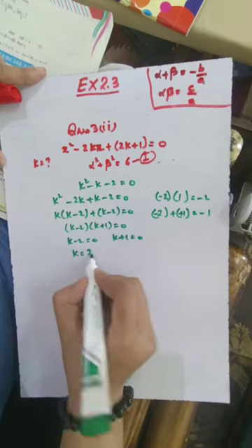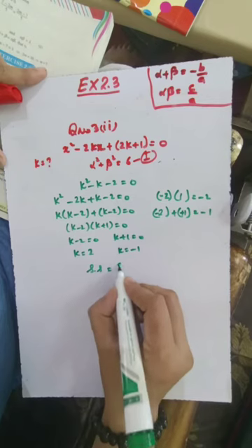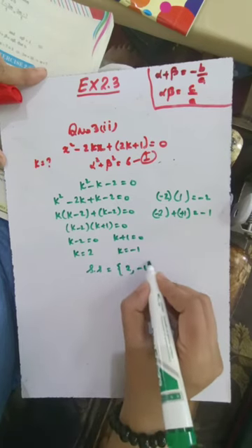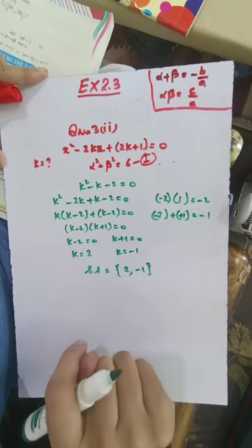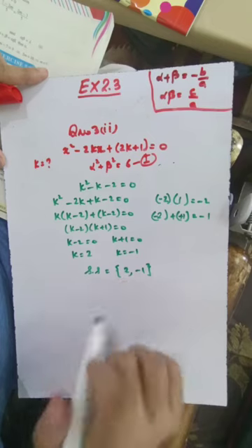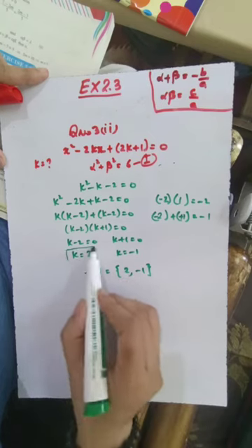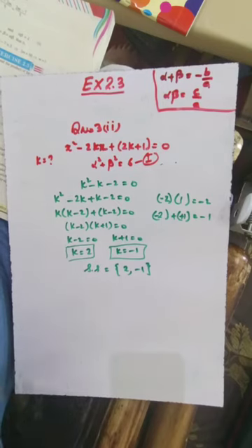Over here we are getting two possible values for k. So it means that the values of k can be either 2 or minus 1. It can be any one of them to satisfy the given condition. So we have found the value of k which they had asked us to find, and this completes the solution for this question. Now let's move to the next question.